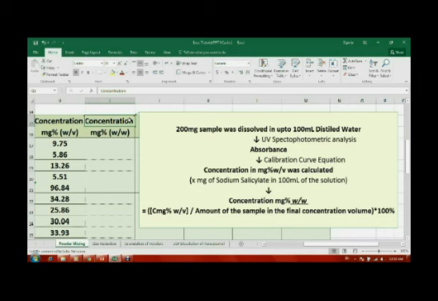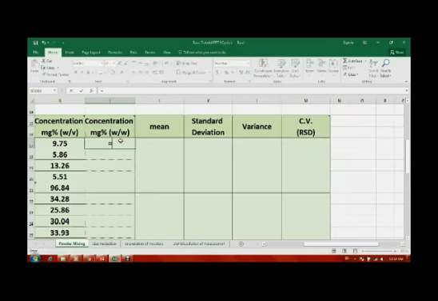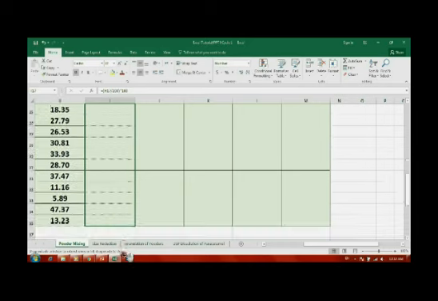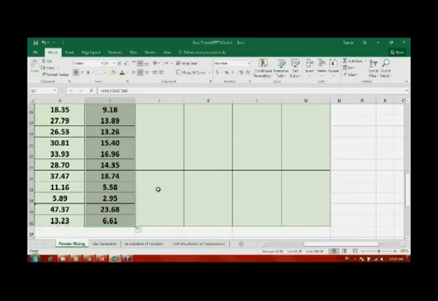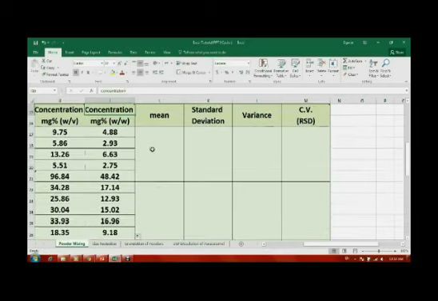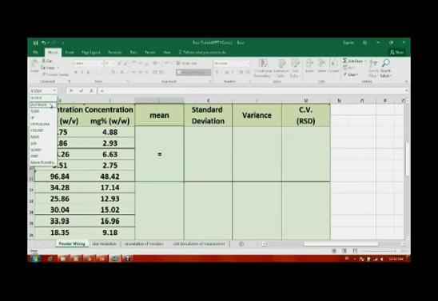Milligram percent weight per volume means that x milligram of sodium salicylate is there in 100 ml of the solution, which means the same volume we dissolved our sample in. That means that the percent of sodium salicylate in the original sample was equal to x milligram divided by 200.